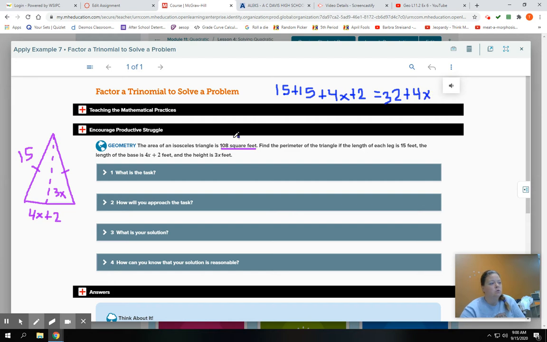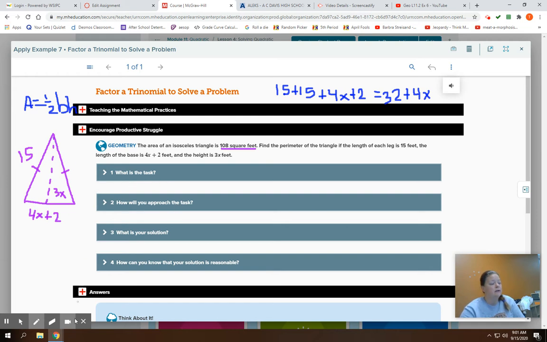But we do know that the area is 108 square feet, and we do know that the area of a triangle is 1/2 base times height. And our base is 4x plus 2, and our height is 3x.